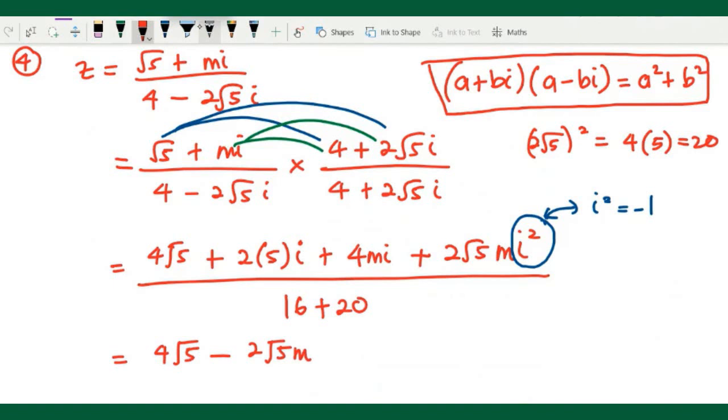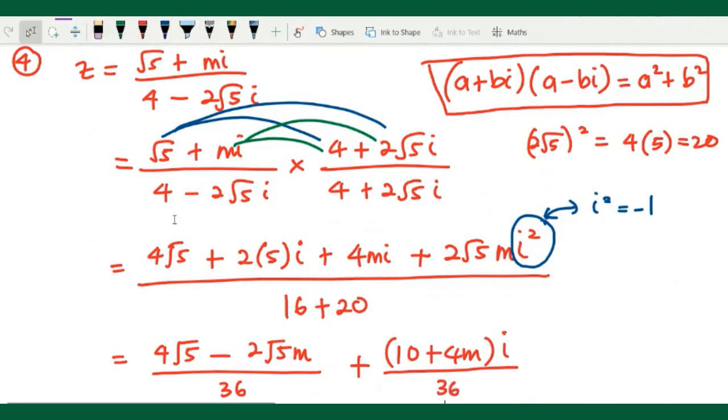Okay, real part over with, okay, 36. So yang ada I tu as the imaginary part dekat belakang, 10 plus 4mi ataupun 4m plus 10 lah. 4m I over 36.